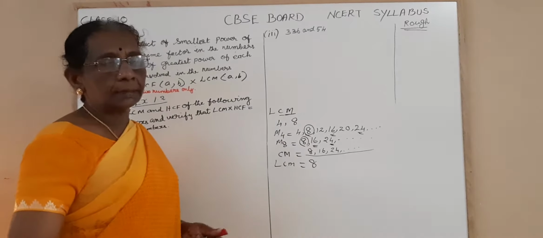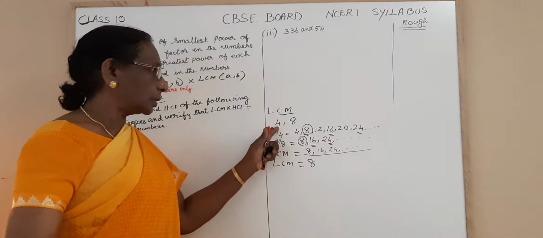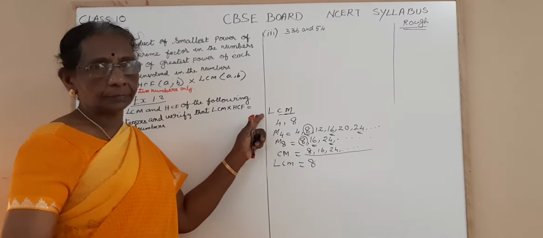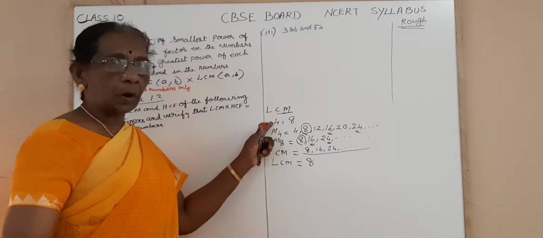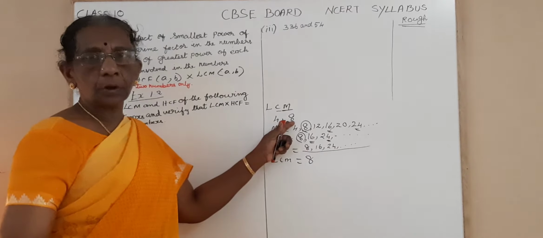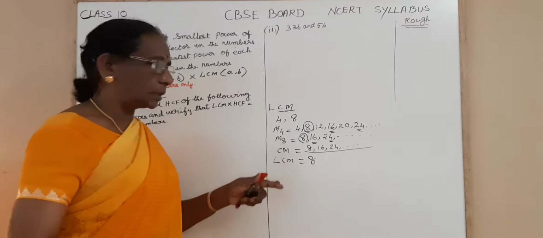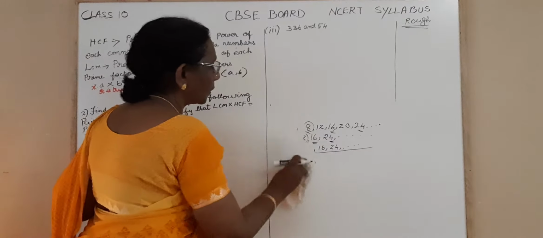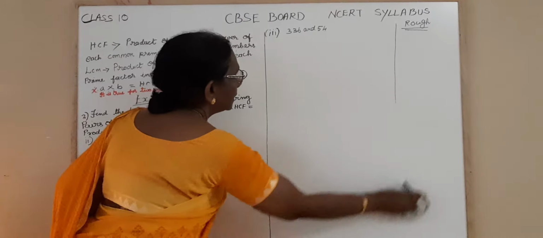When you are given two numbers, if the big number is a multiple of the small number, that is, if B is a multiple of A, then the small number will be the highest common factor and the big number will be the least common multiple. That's a shortcut method for finding the LCM and HCF. You can use this for some questions. Suppose you get a sum like this, no need to calculate, you can straight away write the LCM and HCF.